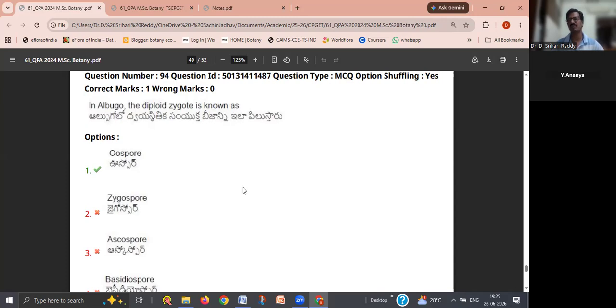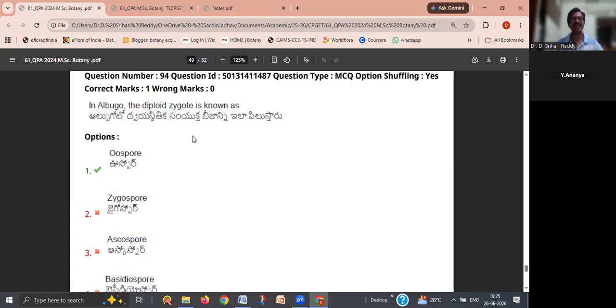These are the 5 important subdivisions. If we call it mycetes, like Phycomycetes, it is the class. Albugo is also called Cystopus, which causes white rust disease in Amaranthus and also in the Brassicaceae members.